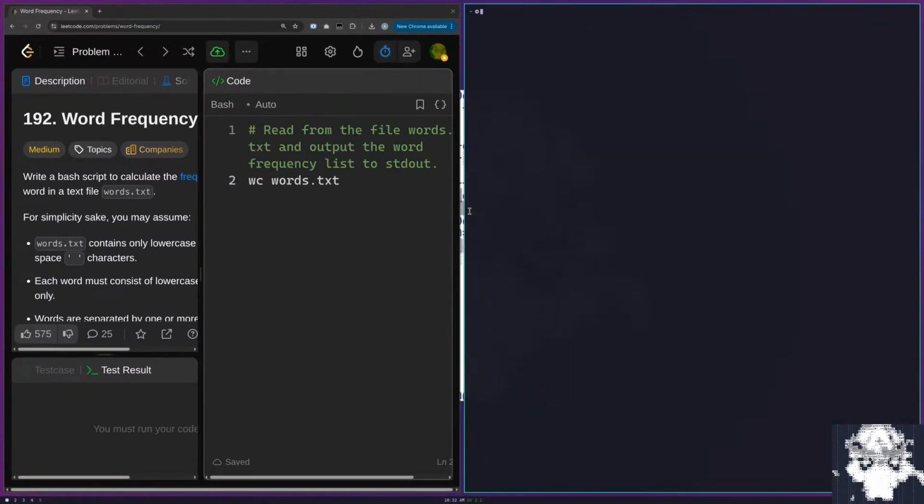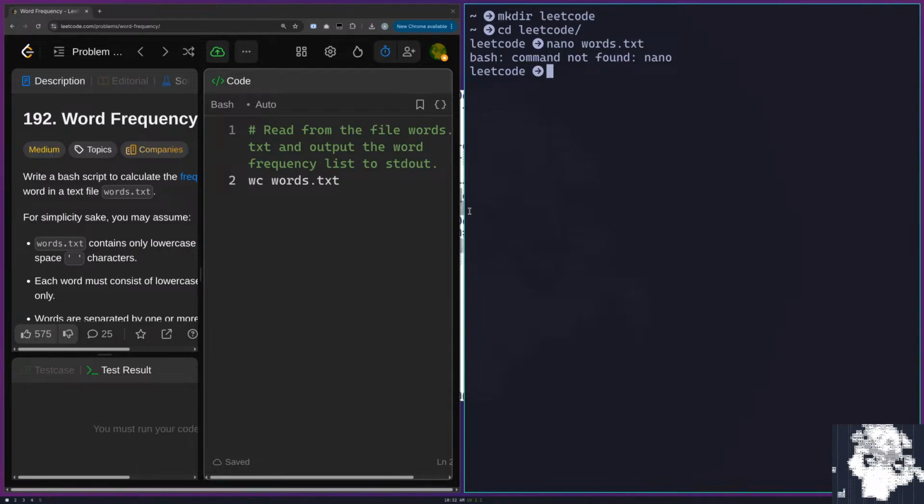Let's open up a terminal. Make dir Leetcode, cd Leetcode. And then let's nano words.txt. I don't have nano, so let's, I guess we'll set it, my usual editor. Oh god. One second.